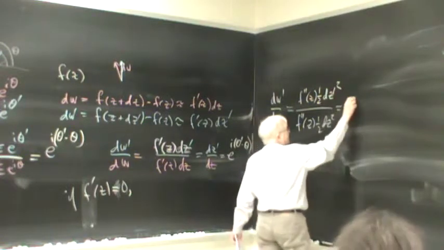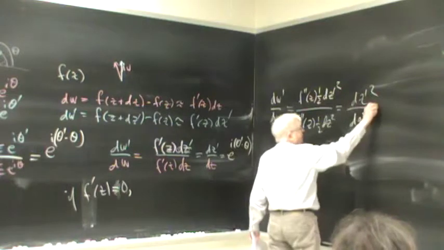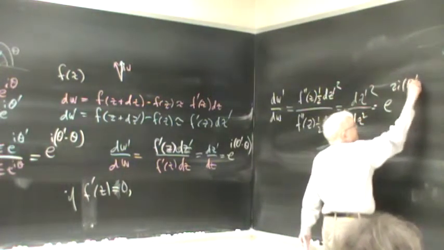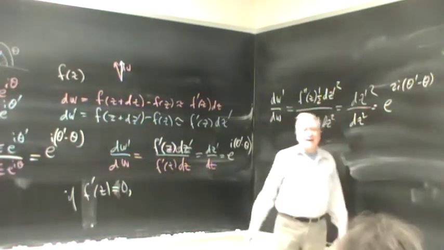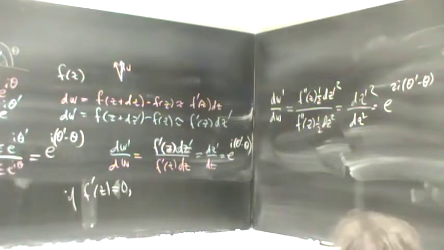Altogether, this is dz prime squared over dz squared, and this will be e to the 2i (theta prime minus theta). So angles are doubled if the first derivative vanishes, but the second derivative is non-zero.